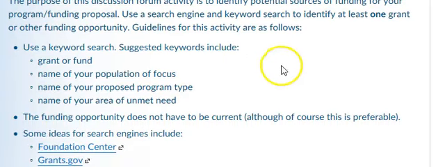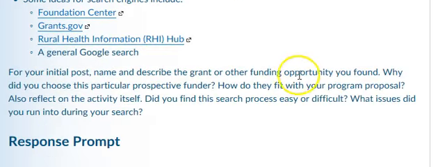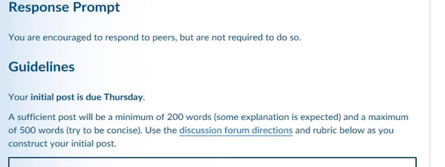So using a keyword search on the need that you've identified, you want to look for grants or private foundations or some funding source for your proposal. And then you're going to talk about why you chose it, how does it fit with your proposal, how difficult this was, what were the issues you found. So again, your initial post is due Thursday. You do not have to respond to a partner.